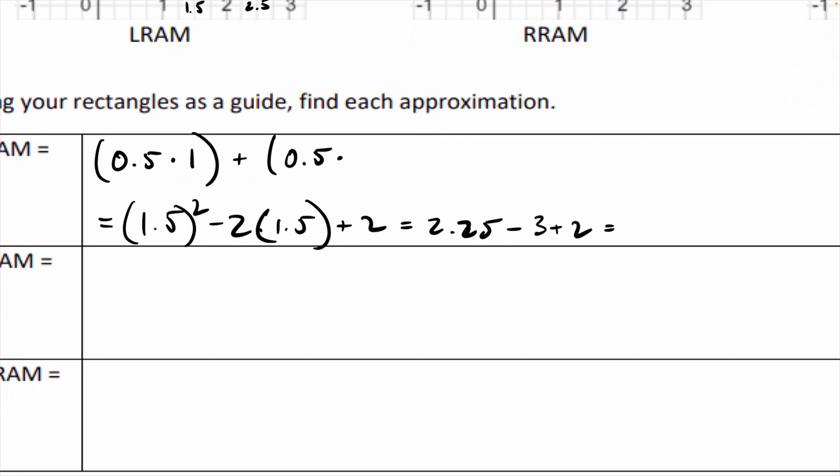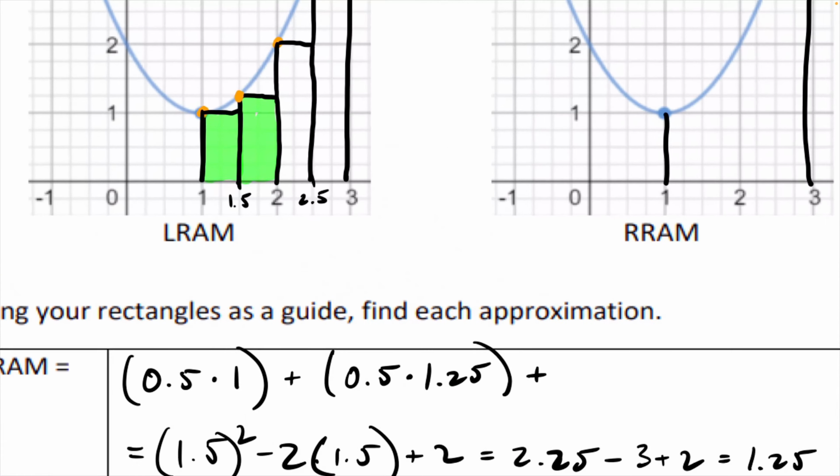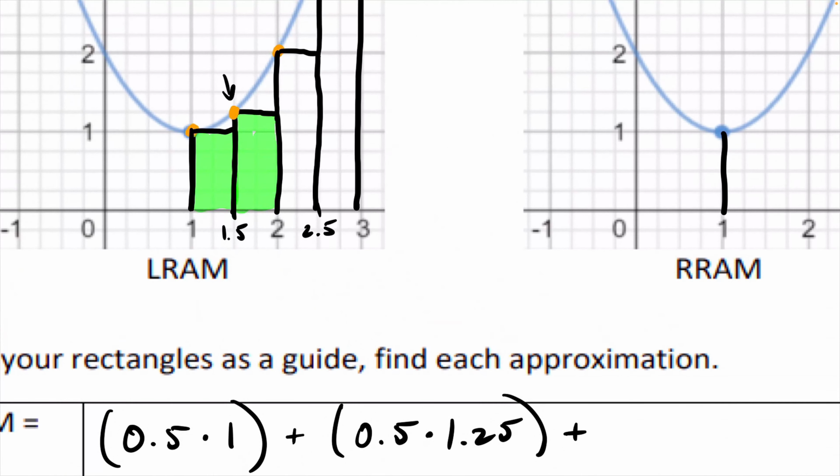So when we subtract, we get negative 0.75, plus 2. 1.25? So the height of the second rectangle is 1.25.